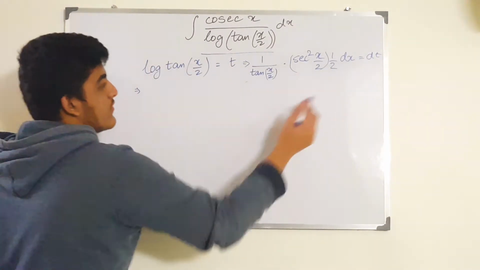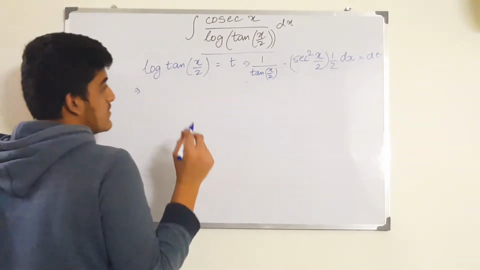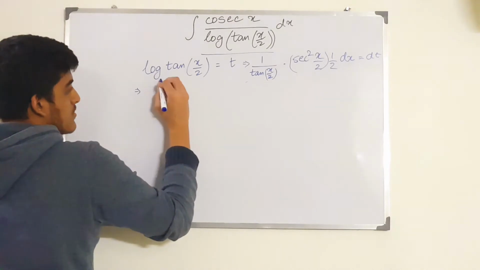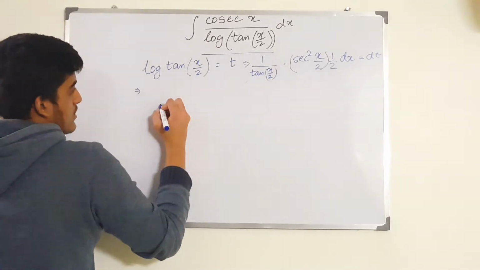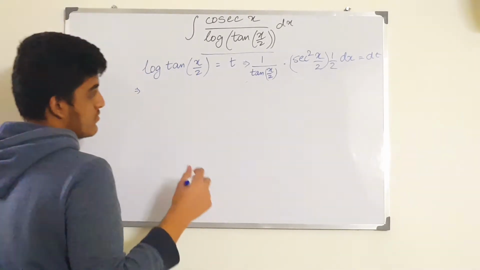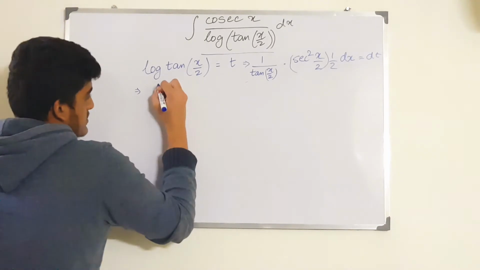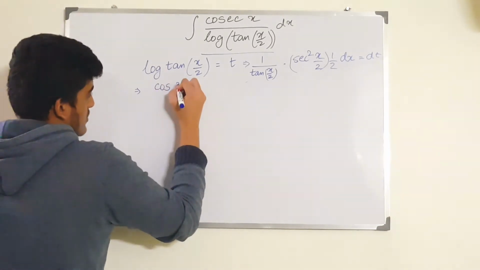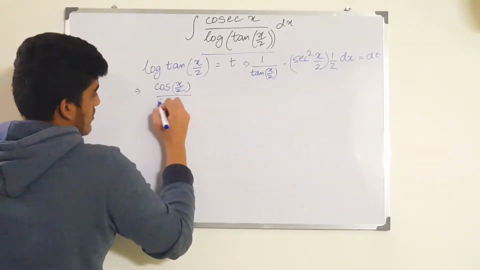Now we have to simplify this entire thing to hopefully get cosec x. We have to work with what we have. So tan x by 2 is sin x by 2 by cos x by 2. So the cos comes into the numerator while the sin stays in the denominator.